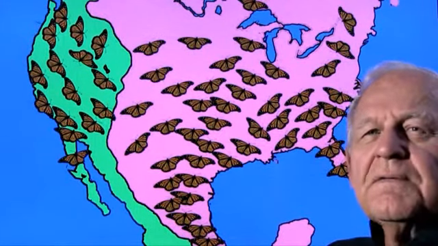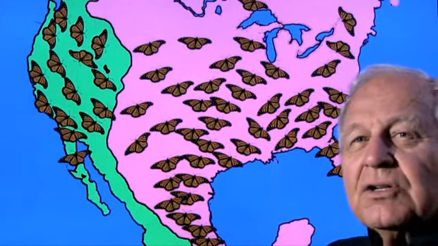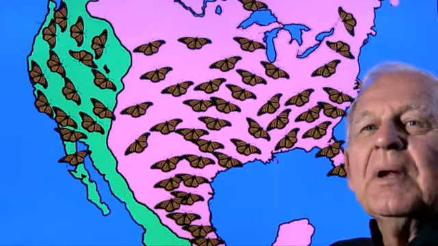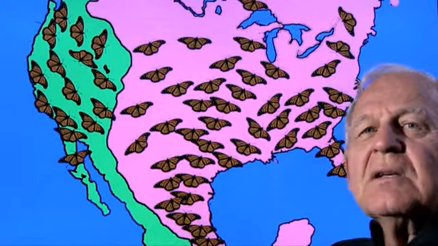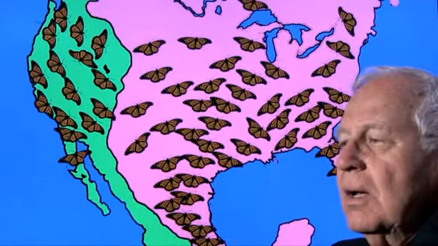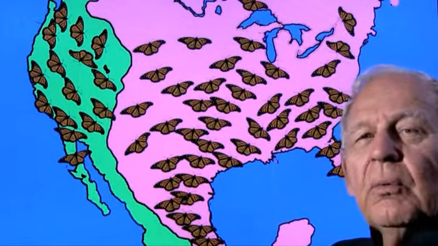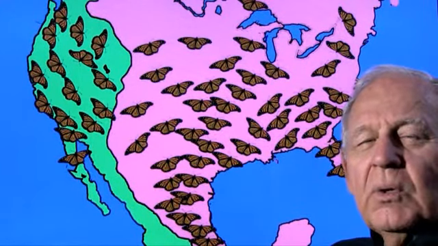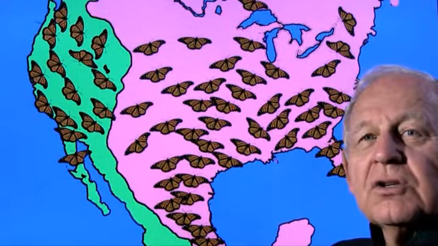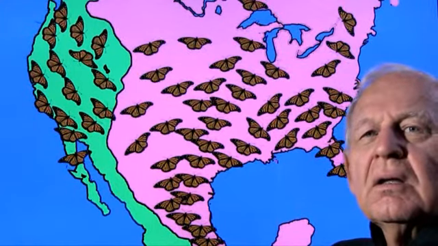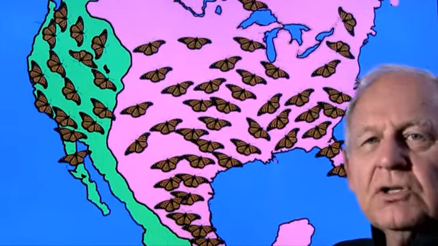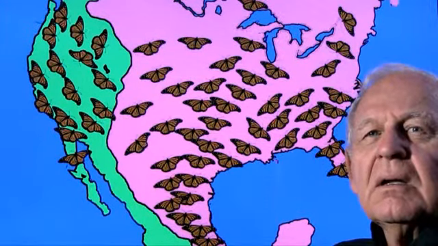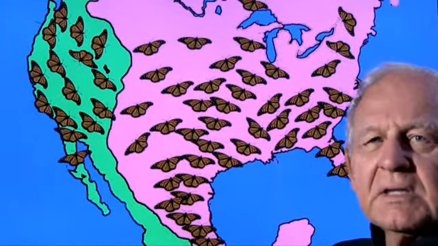And then in the fall of the year, their attitude changes and their metabolism changes. They're no longer interested in reproduction. Their fat cells begin to increase, and they're ready for a migration. When the days get shorter, the nights get longer, they feel a message to migrate to their overwintering sites.